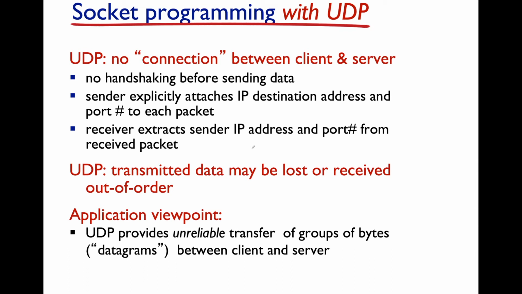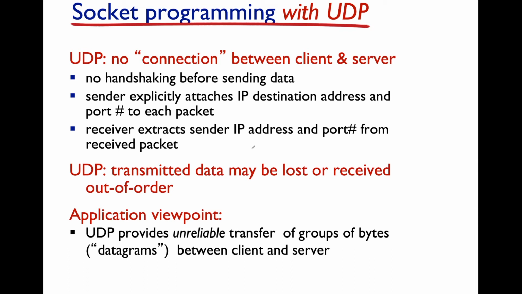And the sender explicitly attaches the address for the destination, the IP address, identifying the machine, or more correctly, the network card, for the endpoint on the other side, as well as a port number so that it identifies the application to which this packet should be delivered should it get to the other side intact.